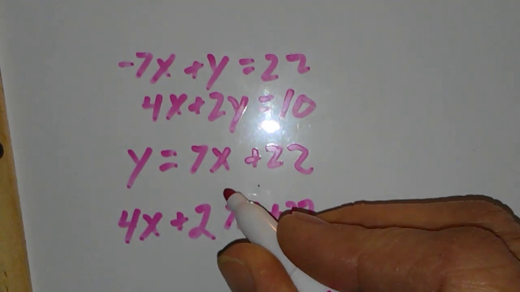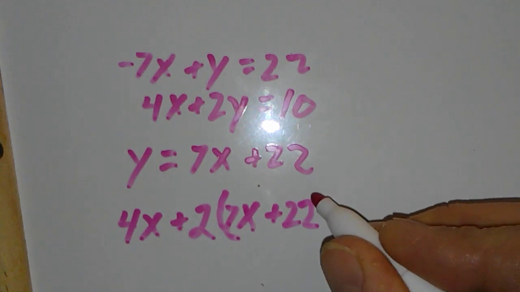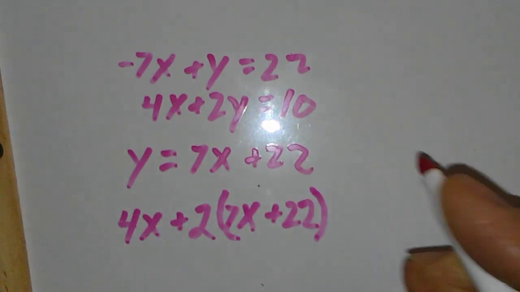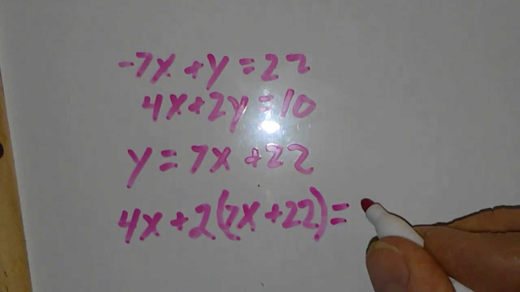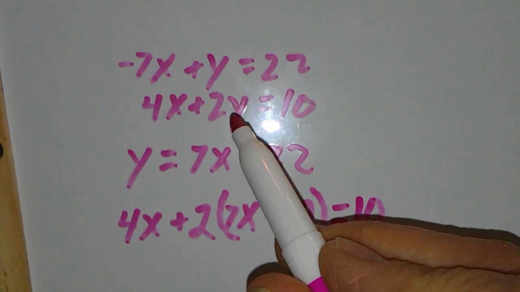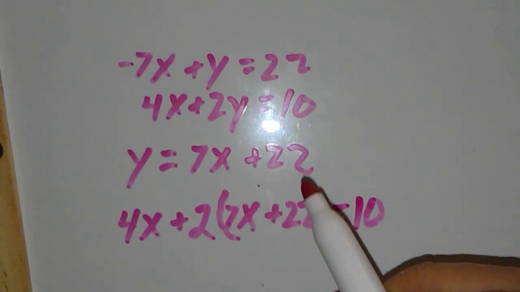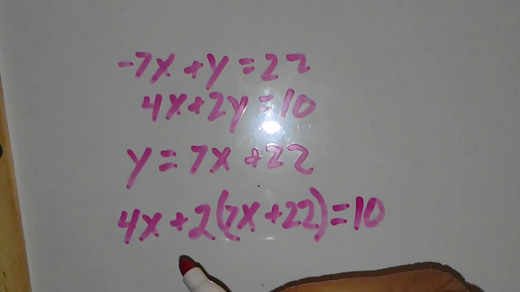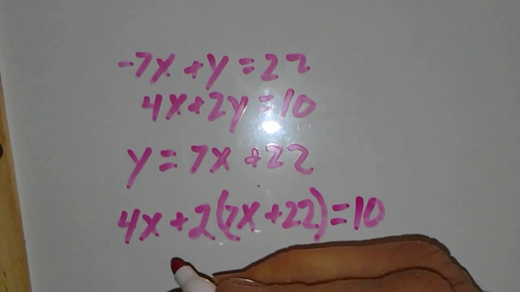You have to write it in parentheses because the 2 is times y. The 2 is times this whole thing, equals 10. So what I did is I substituted this for the y. The y became this. And now I have an equation with just x's, no y's. So now I can manipulate it and try to get the answer.